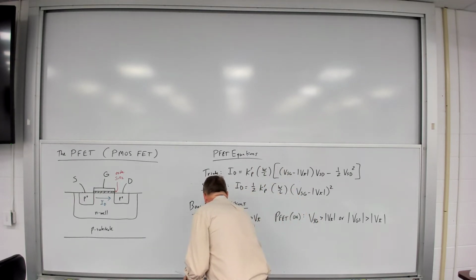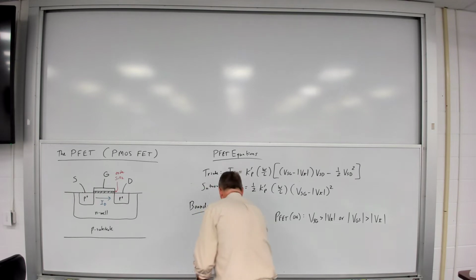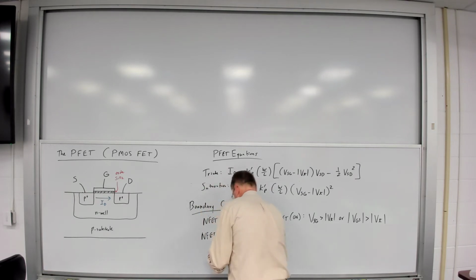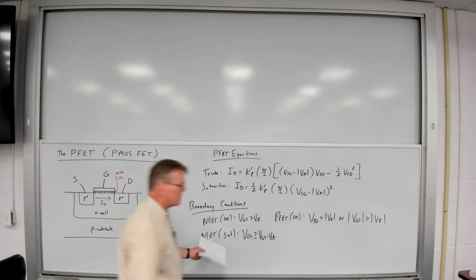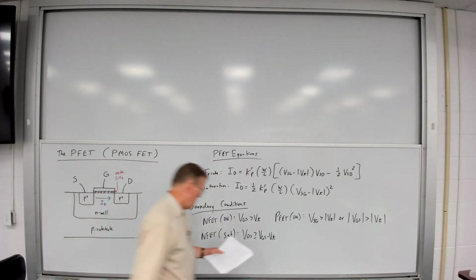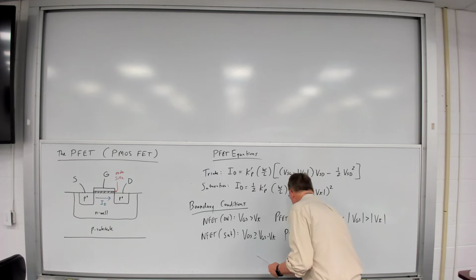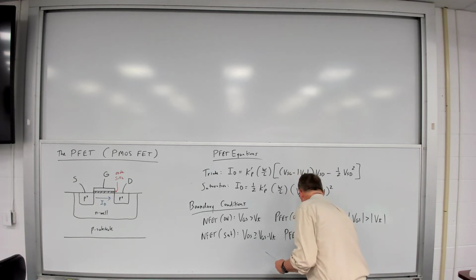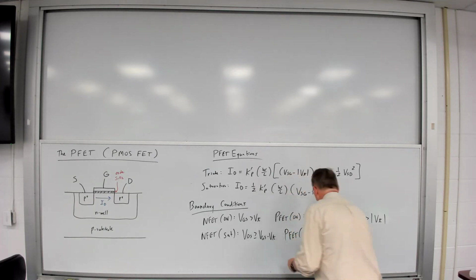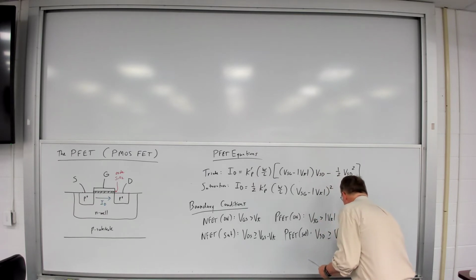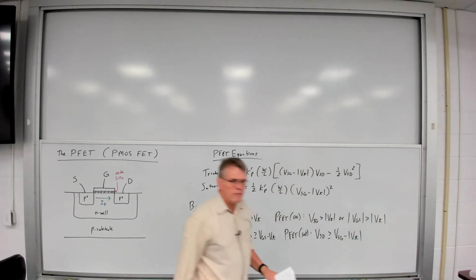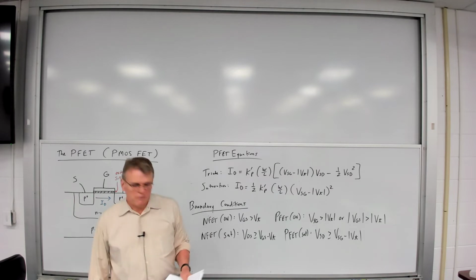For an NFET that is saturated, VDS will be greater than or equal to VGS minus VT, as we've already talked about. For the PFET, VSD will be greater than or equal to VSG minus the magnitude of VT, which we've talked about before, okay?